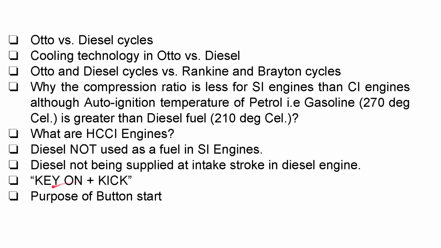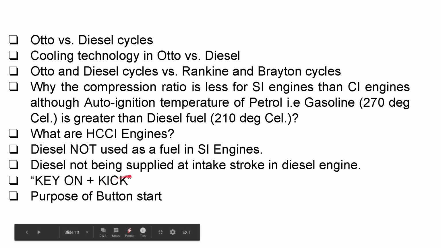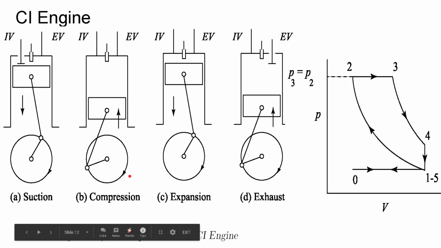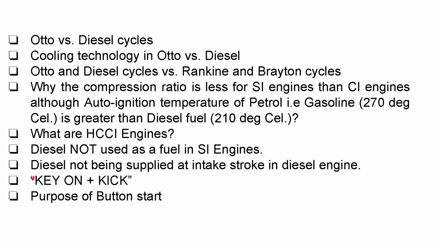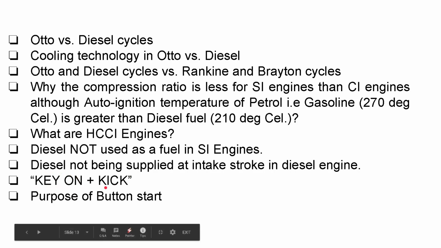Now, what is the difference between key on and the kick in our bikes or mopeds? Key on means we are connecting the motor and the electrical components of our vehicle, and it does not mean the vehicle is on.